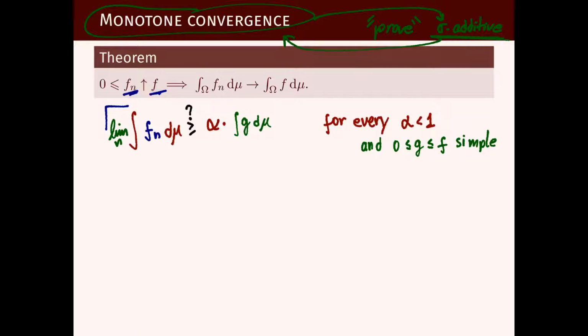And to prove this, we'll do the following. We define this set An to be the set of little omegas such that Fn of omega is larger than or equal to alpha times g of omega.